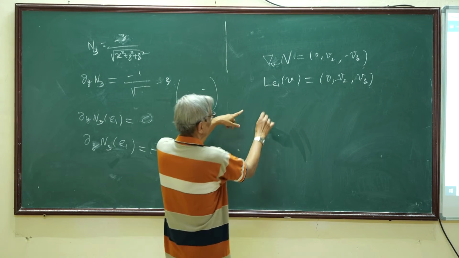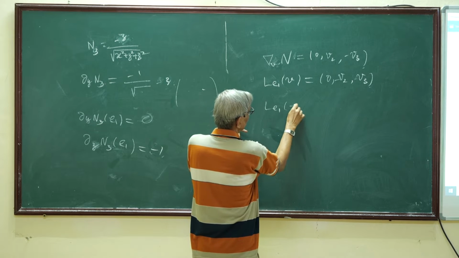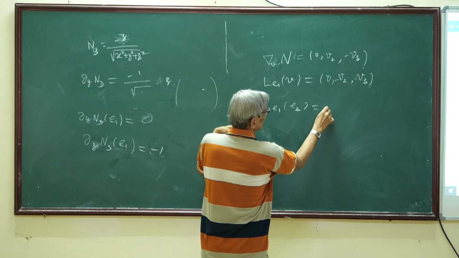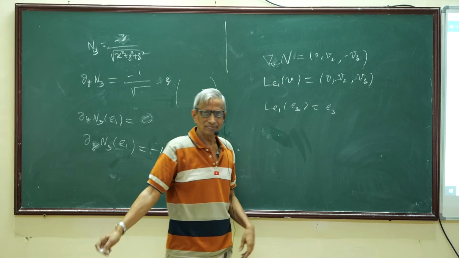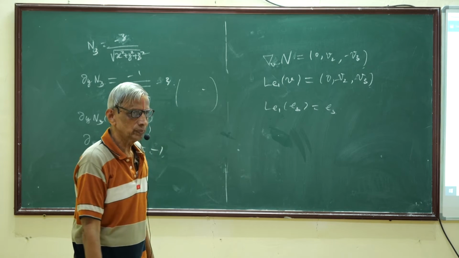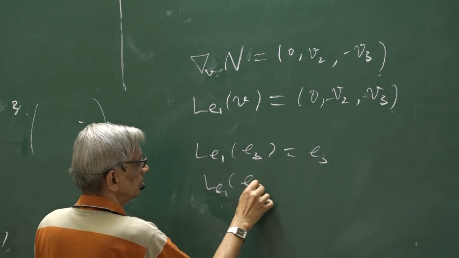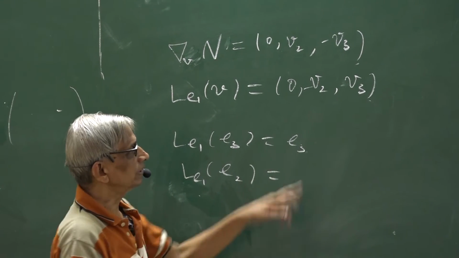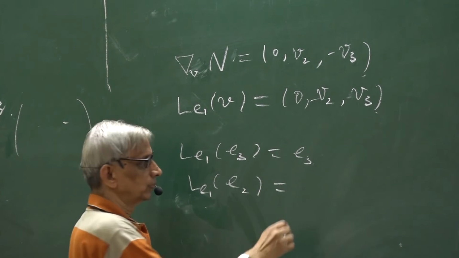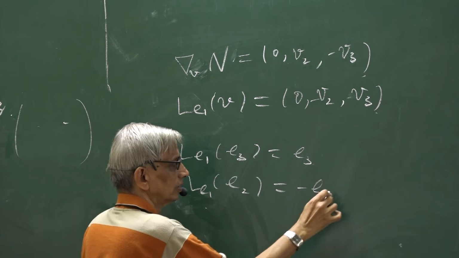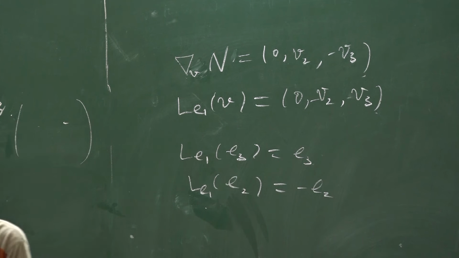So that is L_E1 of E3 is E3 itself. What about E2? L_E1 of E2 will be minus E2. So minus 1 and 1 are eigenvalues with eigenvectors E2 and E3.